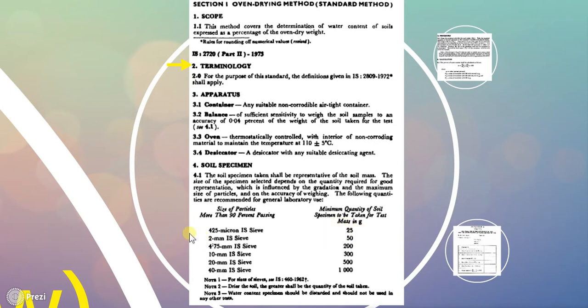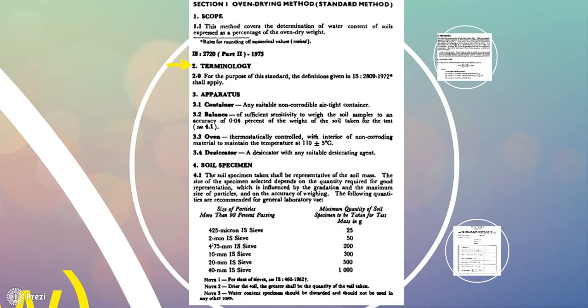If more than 90% of soil particles are passing from 2 mm IS sieve, mass of soil sample should be taken as 50 grams. And likewise, if more than 90% of soil sample is passing from 40 mm IS sieve, soil mass should be taken as 1000 grams or 1 kg.